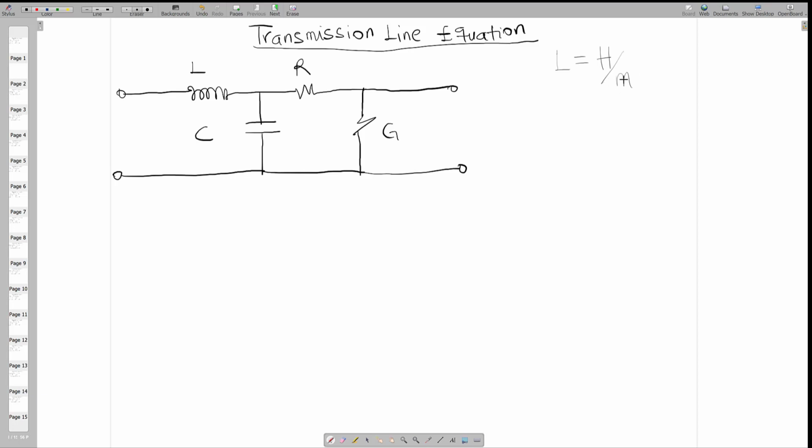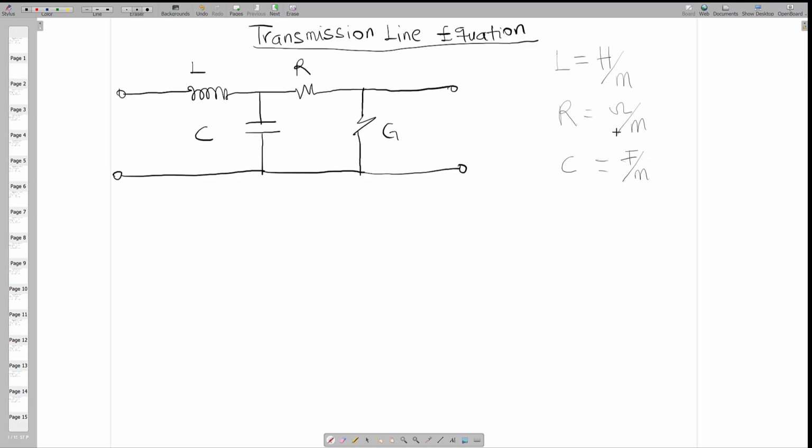That is a small section of the transmission line that has been taken over here. If I take R, R will be ohms per meter. That is a very small section of the transmission line. The same thing happens to C. For C, we will have farad per meter, right?